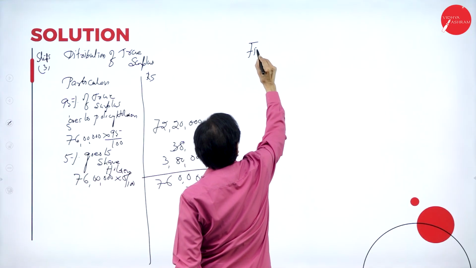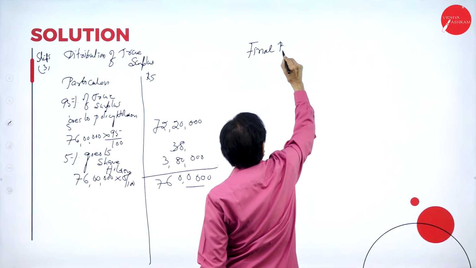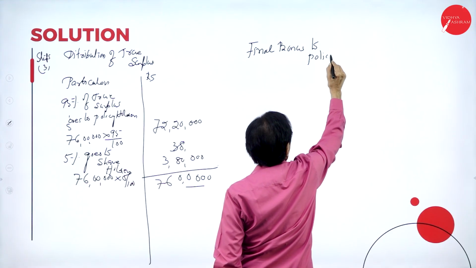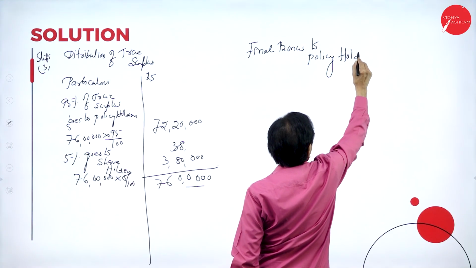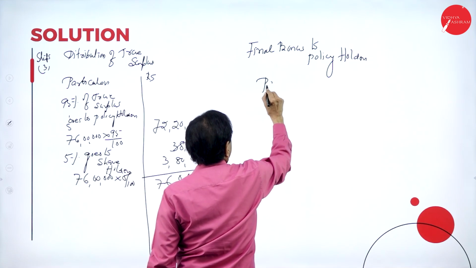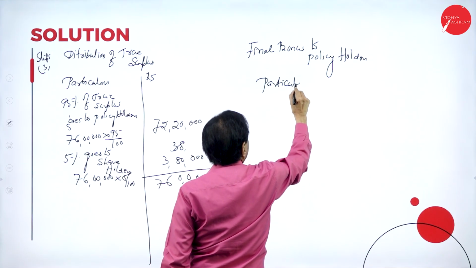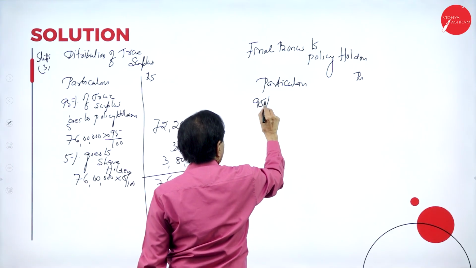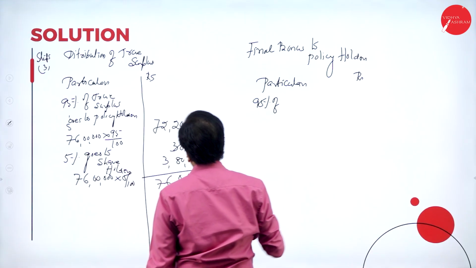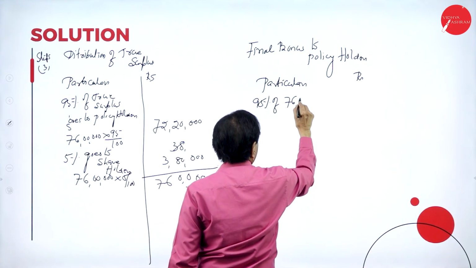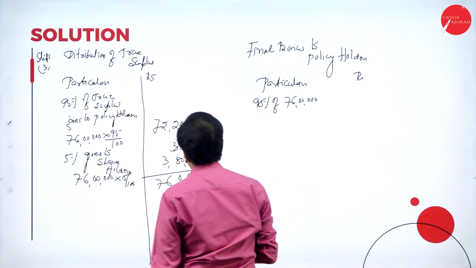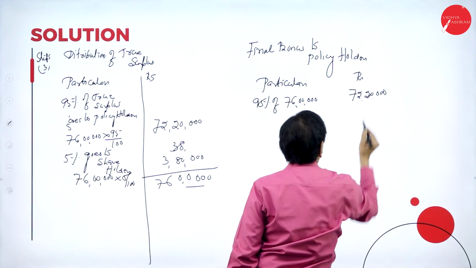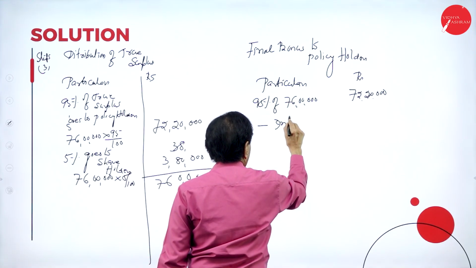final bonus to policy holder. Particulars, rupees. 95% of 76 lakh goes to 72 lakh 20,000, which is payable, minus interim bonus.